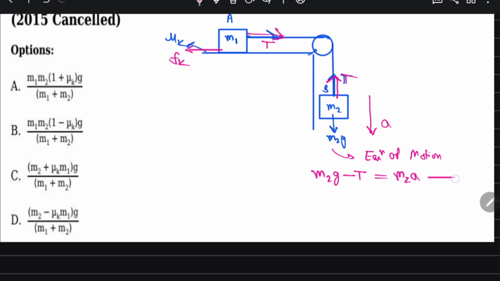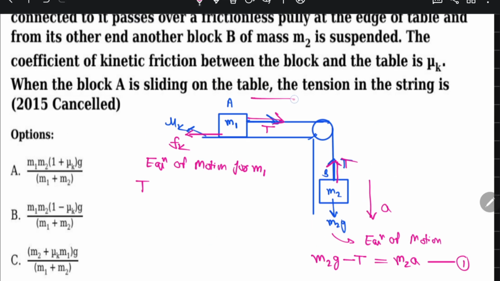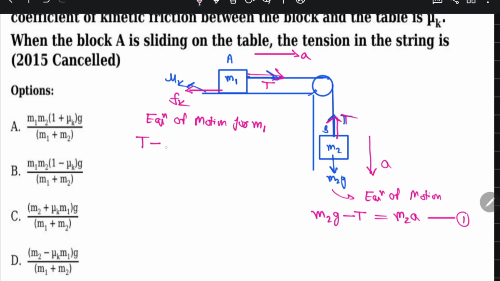This is equation first. Now I write the equation of motion for m1. So T, here you see that the acceleration is in this direction. So T minus Fk is equal to m1a. So T minus Fk, which is mu k into normal, I say m1 g, is equal to m1a. This is equation second.